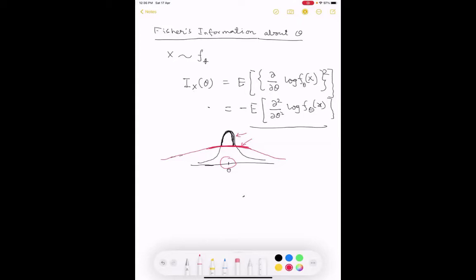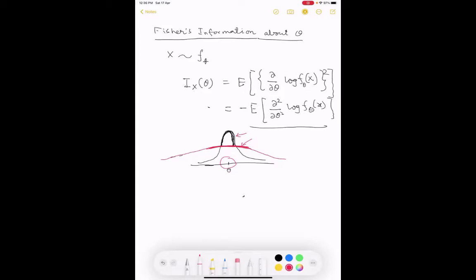For multi-parameter information, if it is a two-parameter case, then it will be the information matrix, a 2x2 matrix. If it is a p-parameter distribution, then it will be a p by p matrix.